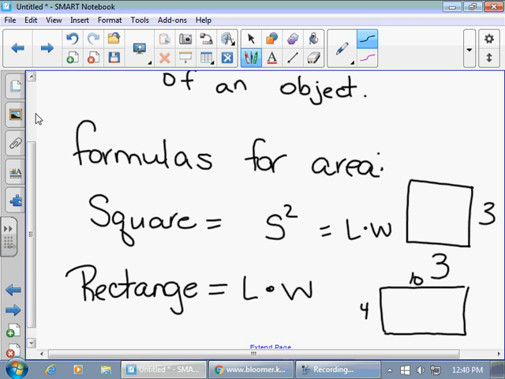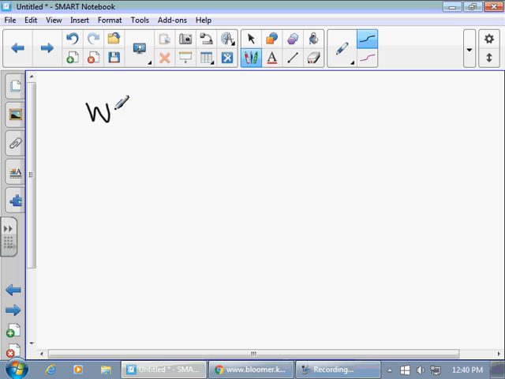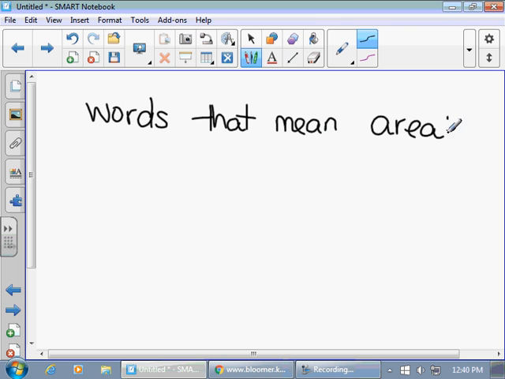Alright, now here's some words that mean area. Inside. Face.